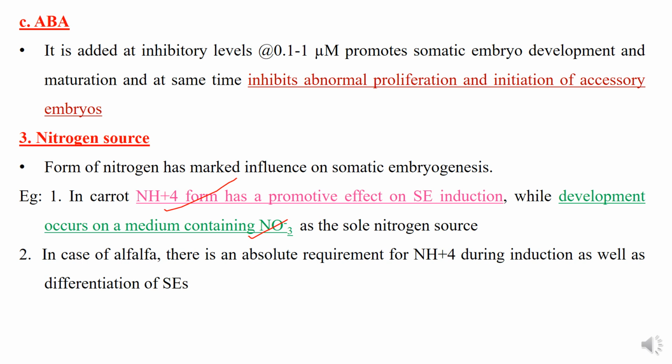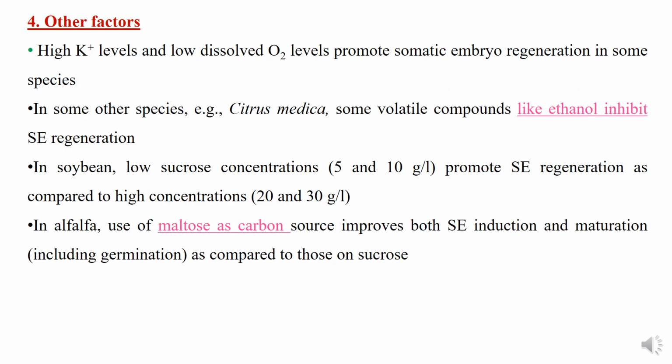So induction will happen on the ammonia form of nitrogen, whereas the expansive phase occurs on the nitrate form. In case of alfalfa, there is an absolute requirement of ammonia during induction plus differentiation. In both phases, the ammonia form is required. So it depends on which crop we are using for somatic embryo formation.